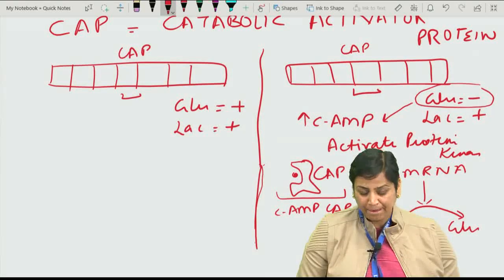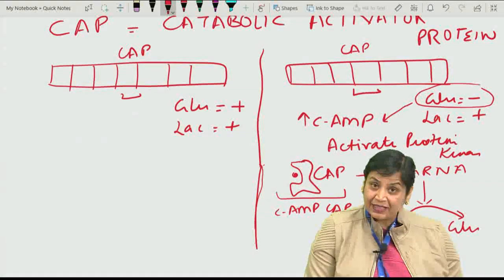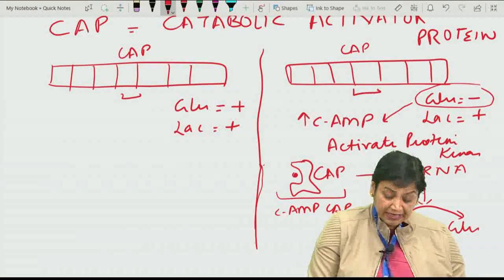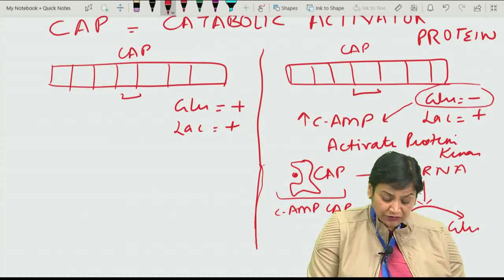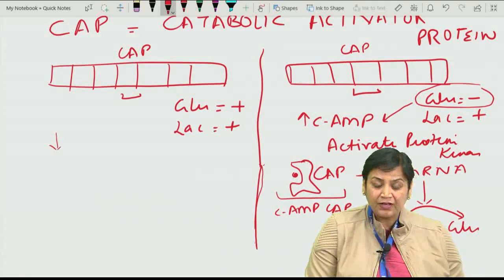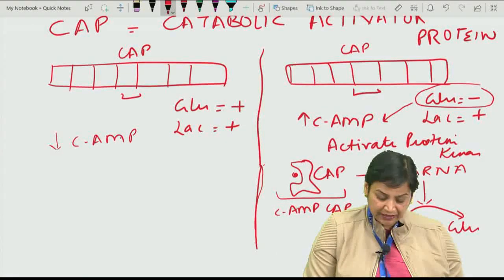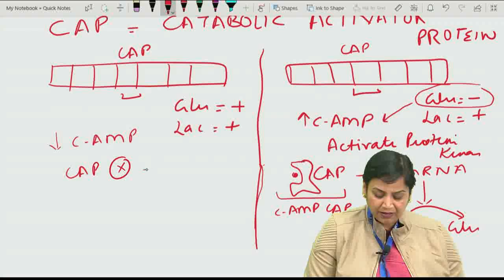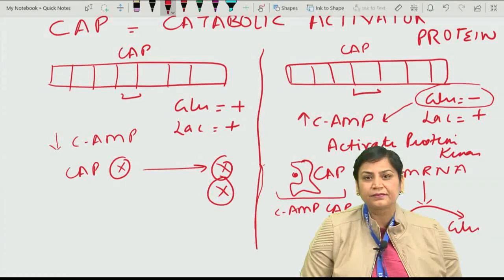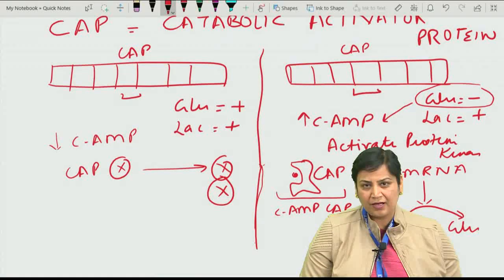Similarly, if glucose is there, lactose is also there, increased concentration of glucose will decrease the concentration of cyclic AMP. Automatically this CAP complex won't be produced, so there will be no transcription, no translation, and no operon expression.